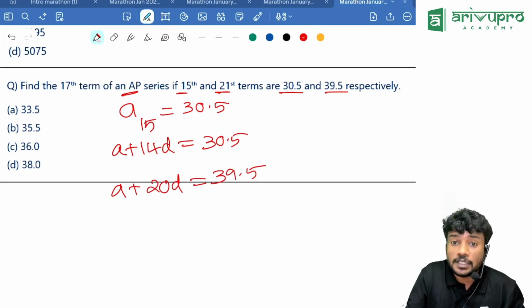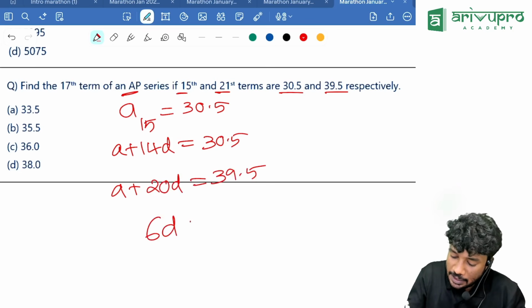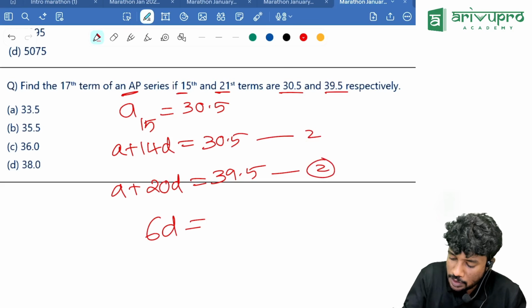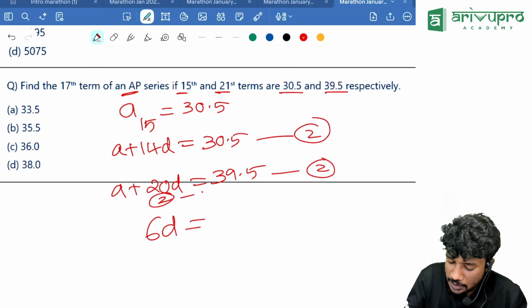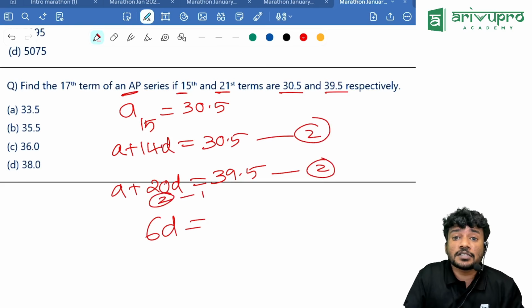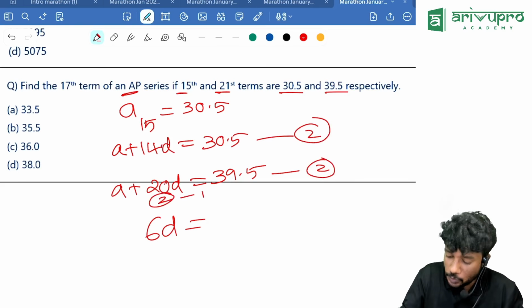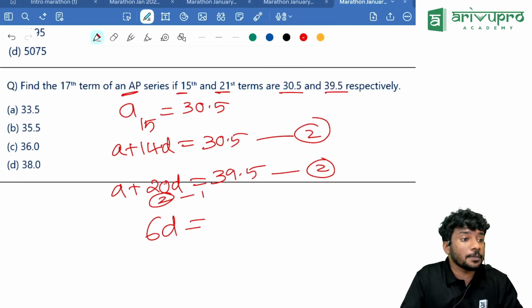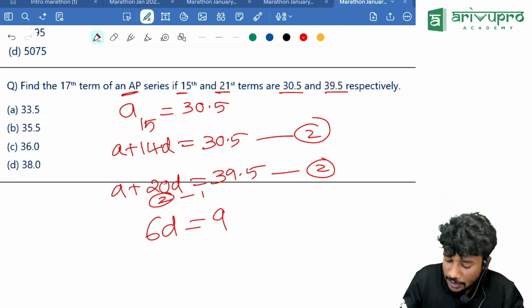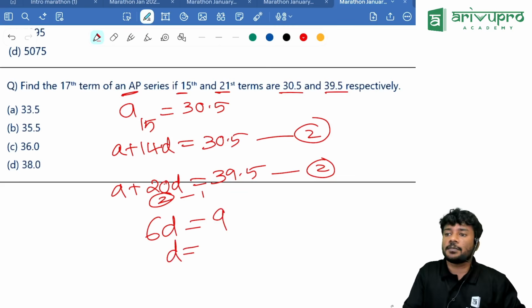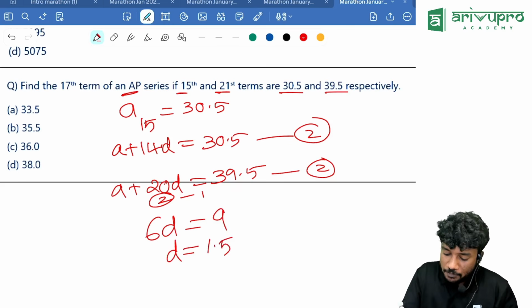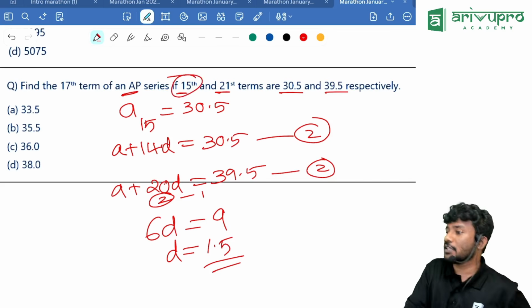Take the difference between them. That means 6D, equation 2 minus equation 1. 20 minus 14 is 6D, equal to 39.5 minus 30.5, which is 9. From that, D is equal to how much? You tell me. 1.5.